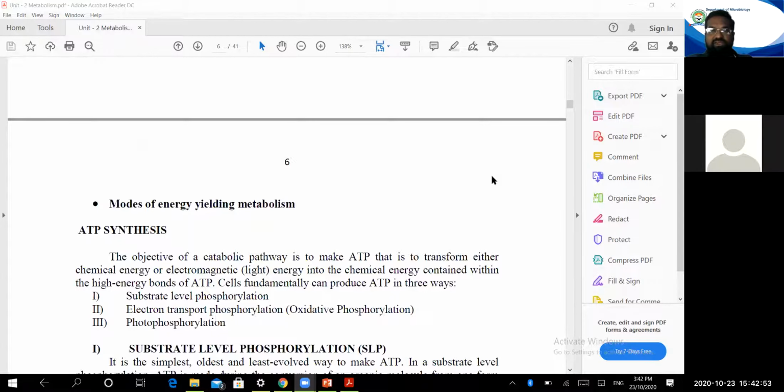They act as oxidizing or reducing agents during the biochemical reaction, accepting hydrogen from oxidation reactions and providing hydrogen to reduction reactions. So these concepts you need to keep in mind when you are studying the biochemical pathways.